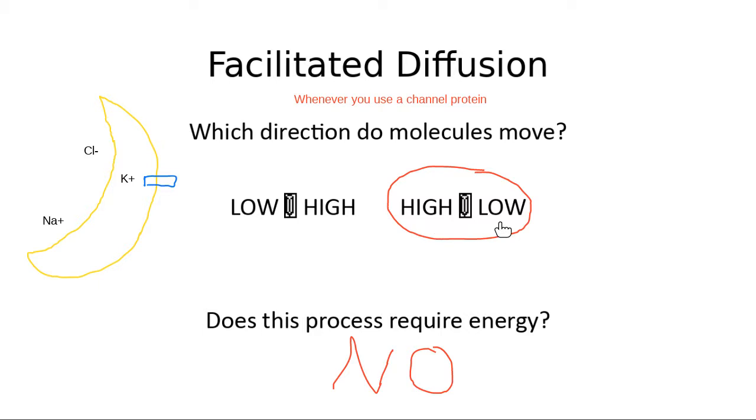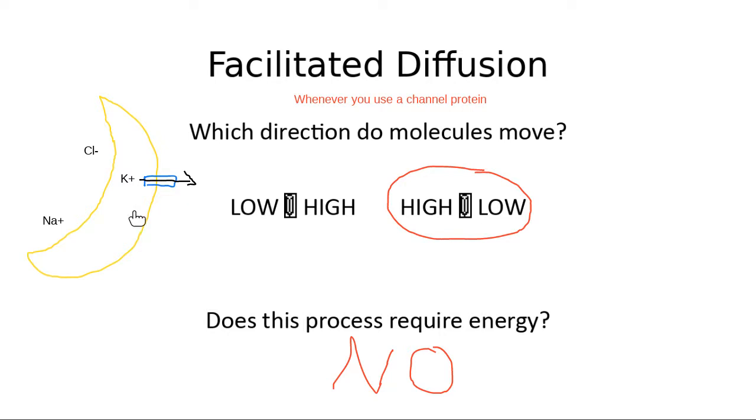So if I've got a channel protein for potassium, is it going to bring potassium into the cell or take potassium out of the cell? Yeah, exactly. Potassium is going to go out. In facilitated diffusion, we always go from high concentration to low concentration. When I use a channel protein to transport potassium, it is always leaving my cell.